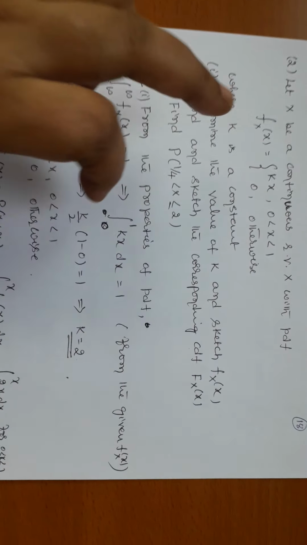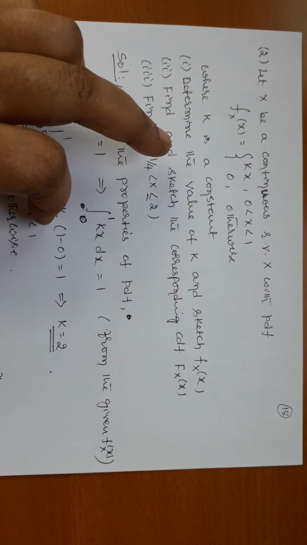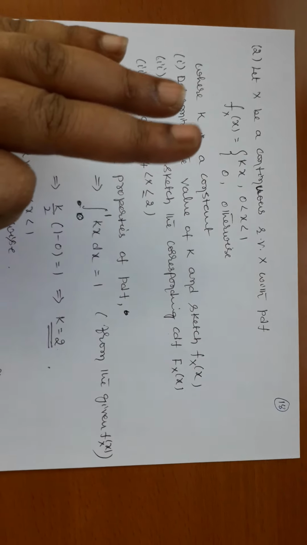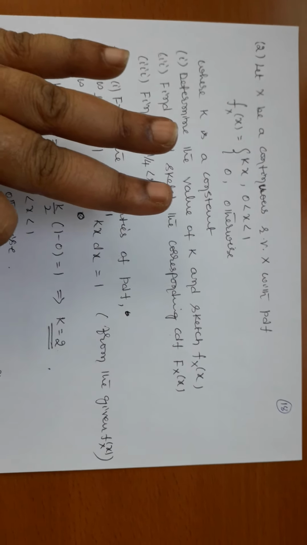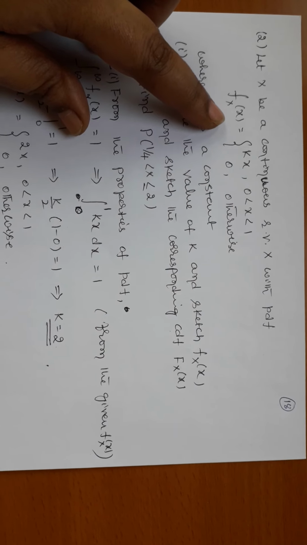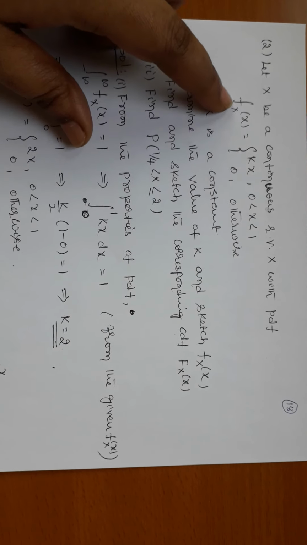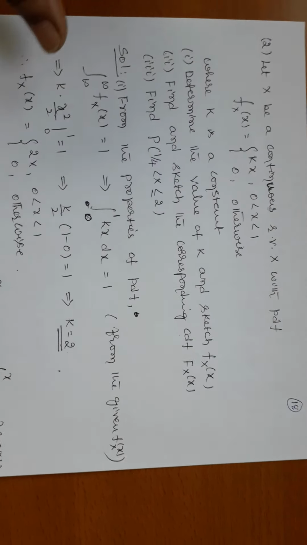Now the given function in the problem is a PDF. PDF means probability density function. When we say that in continuous it is a probability density function, the given function must be greater than or equal to 0, and also the integration from minus infinity to plus infinity of fx of x with respect to x is equal to 1.